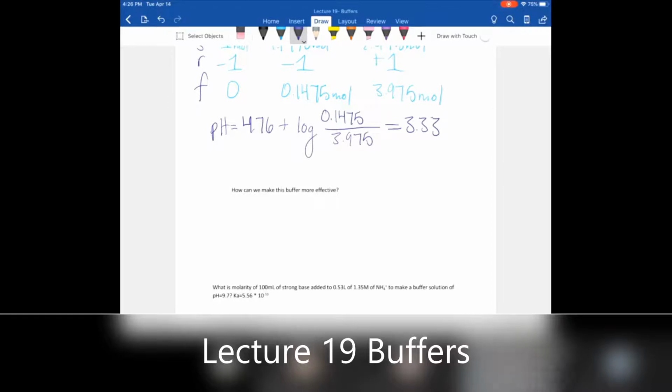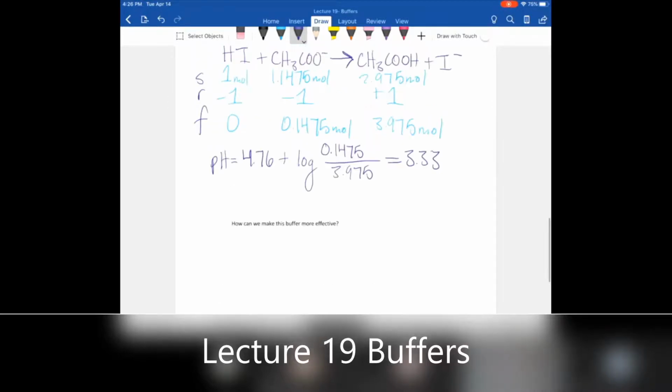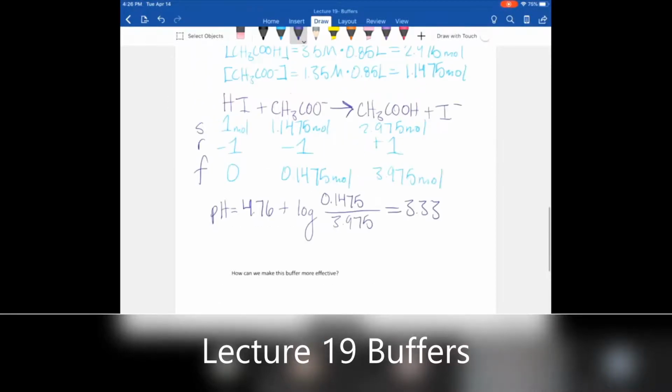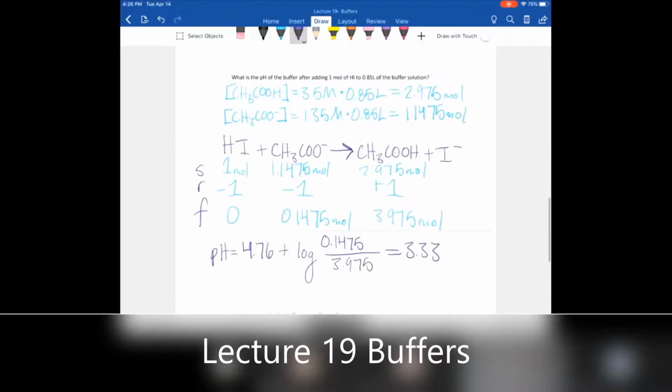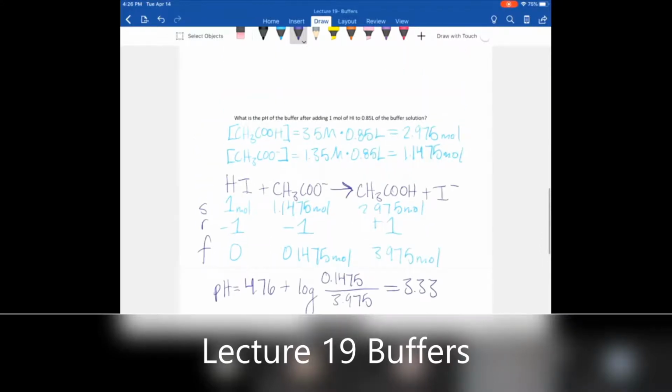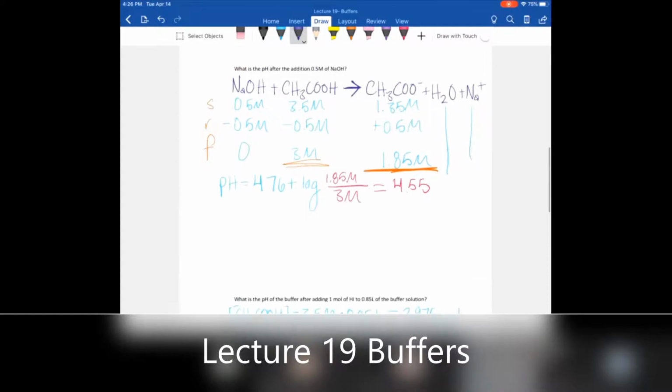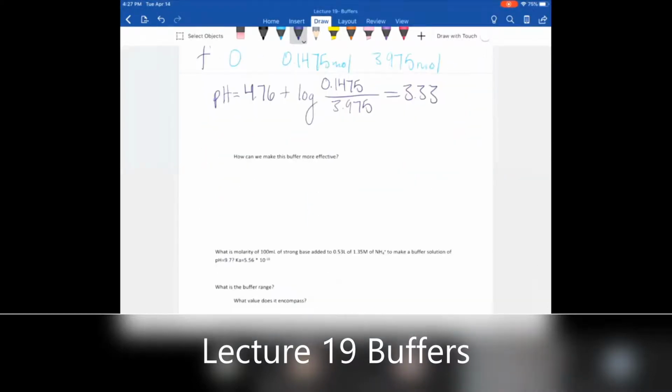Yes, exactly. So if we increase the concentration of your acetate, making it closer to 3.5, we'll get a stronger buffer. So the buffer will be more effective at controlling the change in pH. The change in pH is not going to be as drastic as when you have concentrations at a greater ratio from each other.